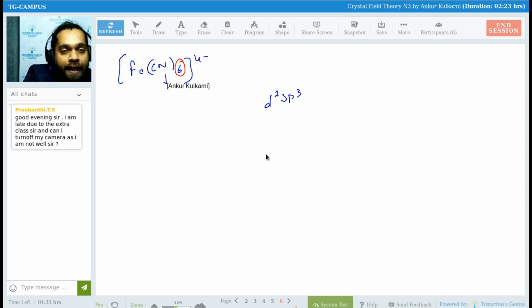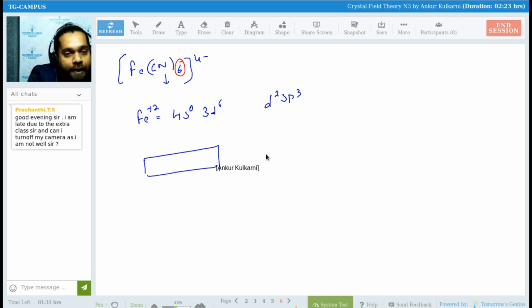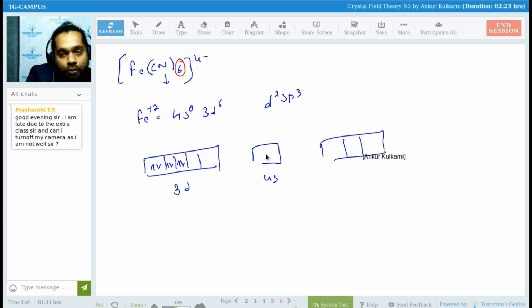You have a strong field ligand, Fe plus 2. What is the electronic configuration of Fe plus 2? It is 4s0 3d6. So your 6 electrons will pair, Sindhuja. You have the 3d, then the 4s, then the 4p.